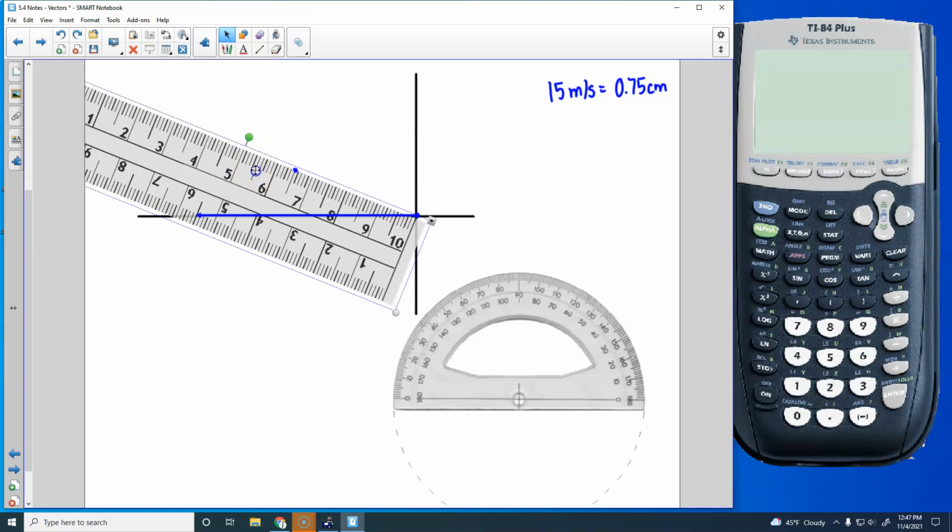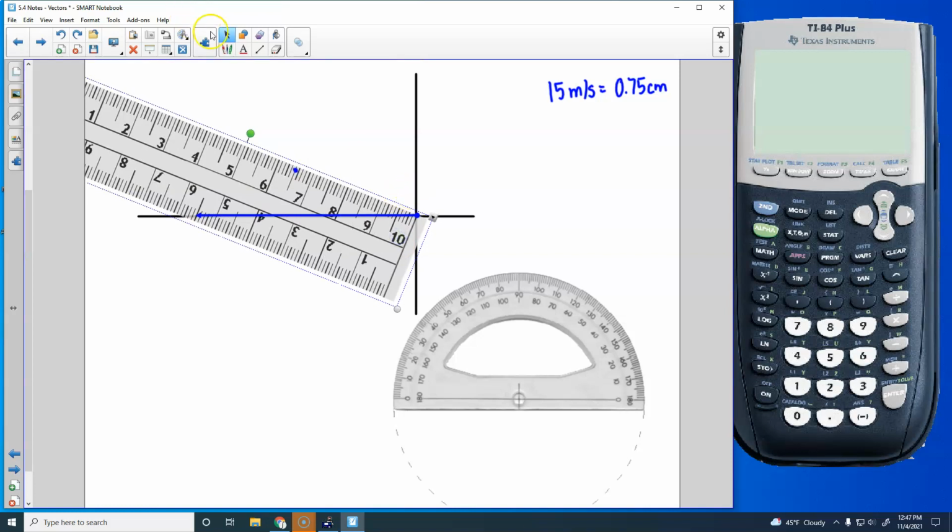Okay, still wrong. Alright, we're going to call this right here close enough. It's easier whenever you have a regular ruler. And so we need it to go in this direction, but the length is only going to be 0.75.